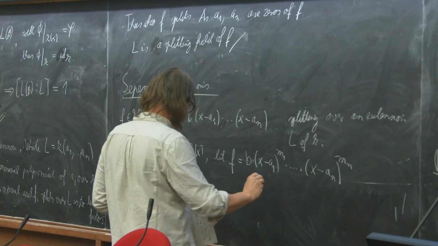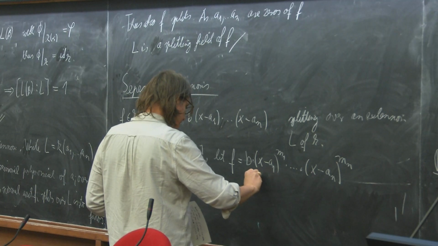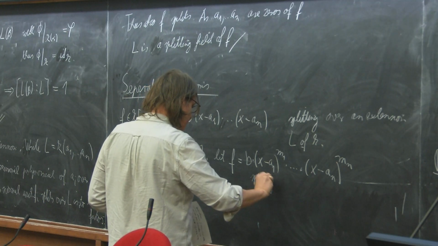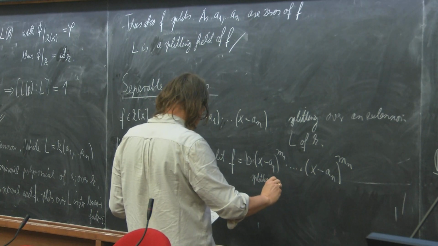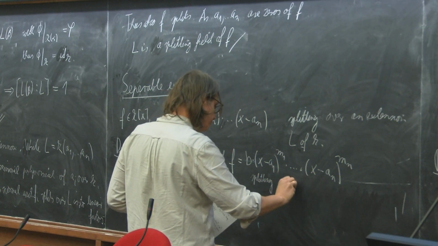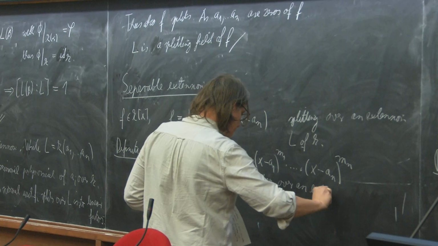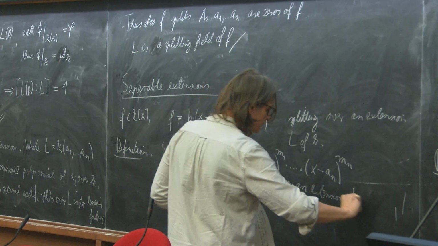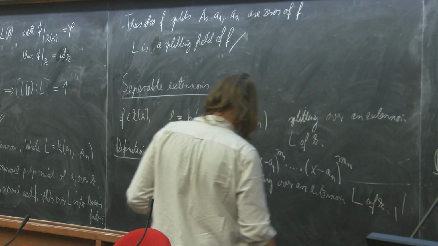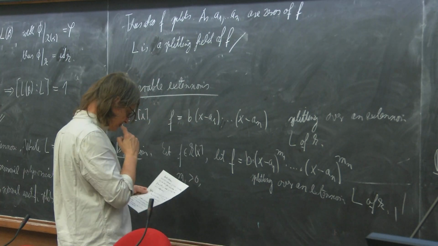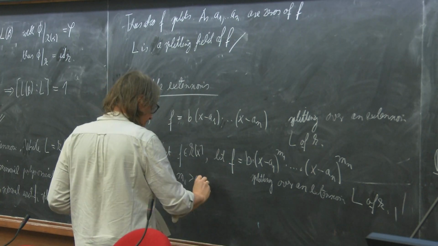So this is a splitting for an extension L of K, where the Mi are bigger than 0 and the Ai are distinct.